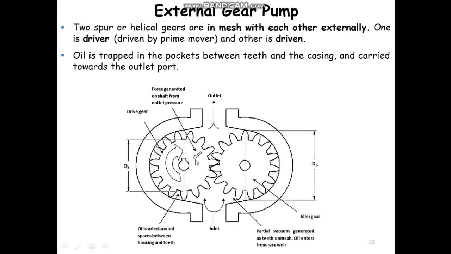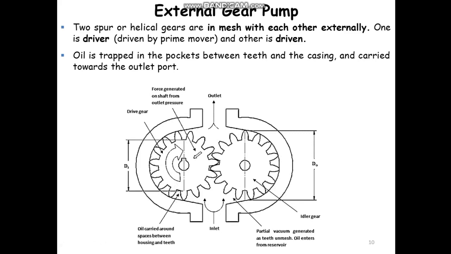So when I start the electrical motor, the shaft will start rotating. Because of the rotation of the shaft, this gear will start rotating. So what will happen? The air which is available in these pockets will be removed. As soon as the air is removed from these pockets, from this side and from this side, what happens?